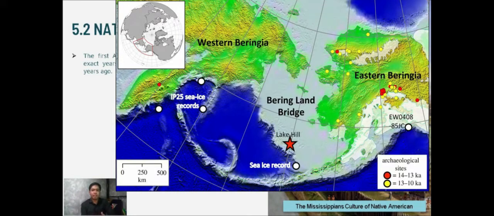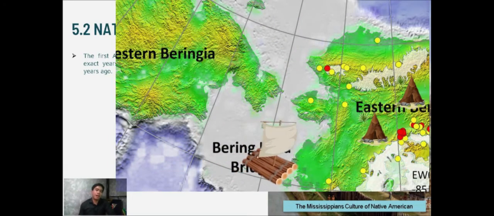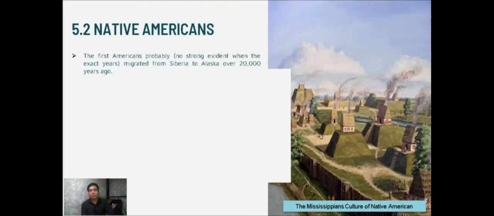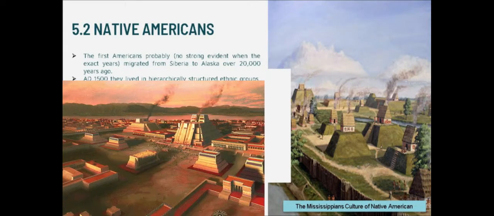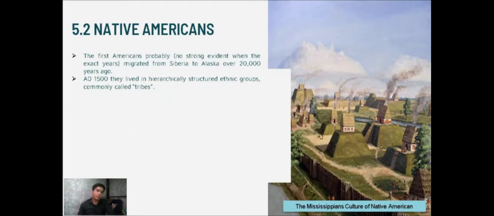The Bering Land Bridge, a vast low landmass more than 1,000 miles or 1,600 kilometers wide, connected Siberia to Alaska, which made it possible for bands of hunters to cross by foot or small boats into Alaska and travel down the west coast of North America. By 1500 AD, they lived in hierarchically structured ethnic groups commonly called tribes.